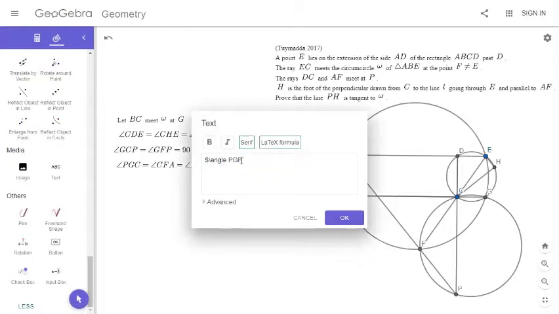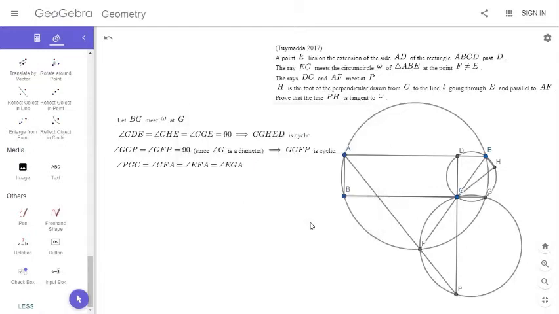PGF is PCF, which is... maybe this is harder than I thought. PGF.